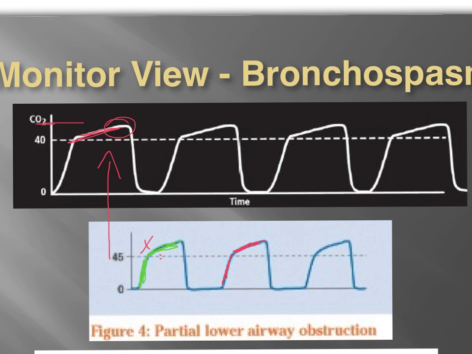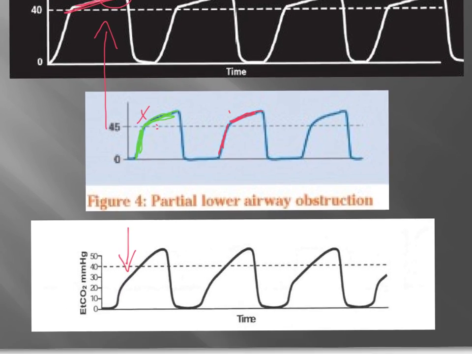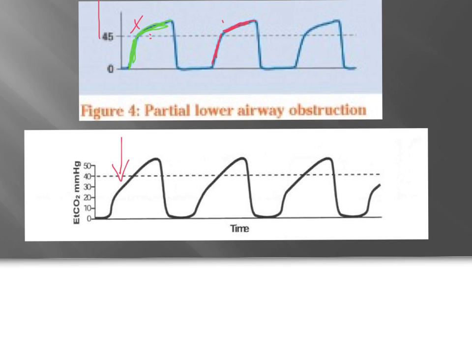If our waveform is worsening and our end tidal reading and our waveform height is actually normal, that doesn't necessarily mean the patient's getting better, especially when they're presenting with an asthma attack or a COPD exacerbation. Okay, so we have to look at all of it.